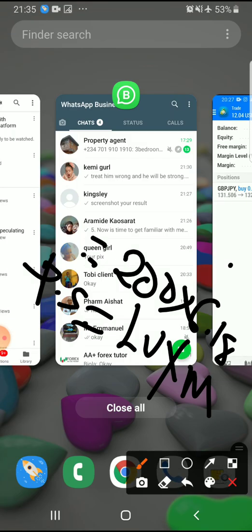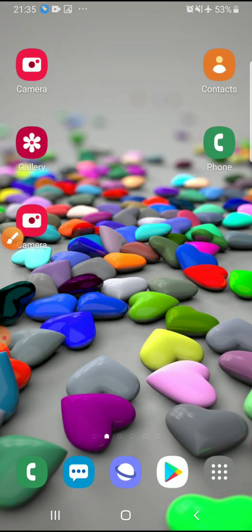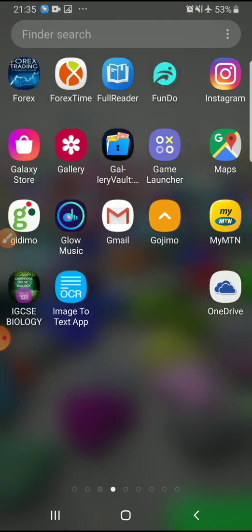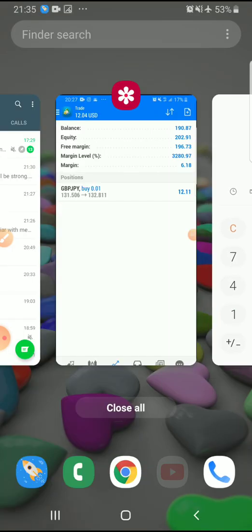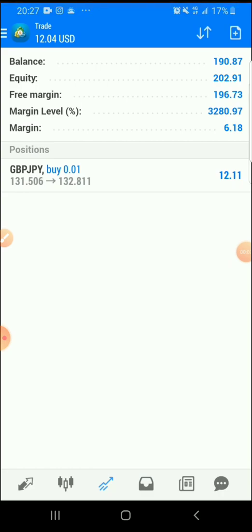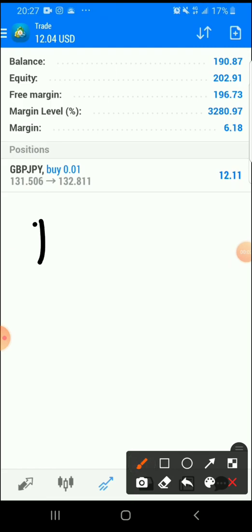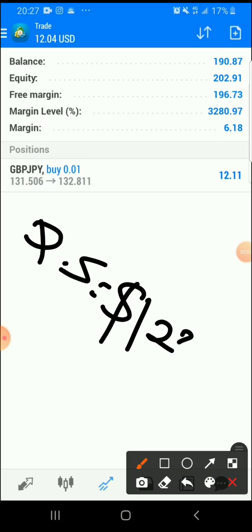I'll quickly run to my calculator. So I'm going to do 200 multiplied by 6.18, and it gives me $1,236. So the position size I was trading was $1,236. What does this mean?